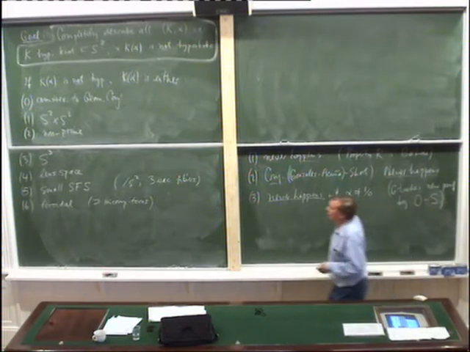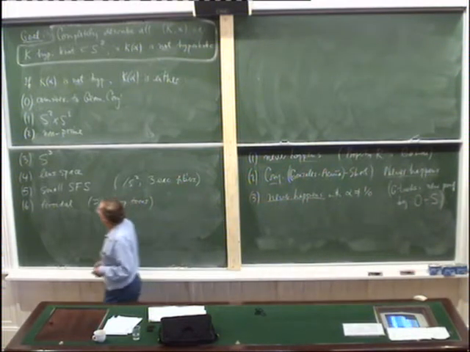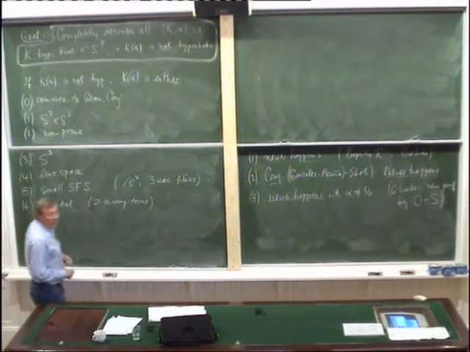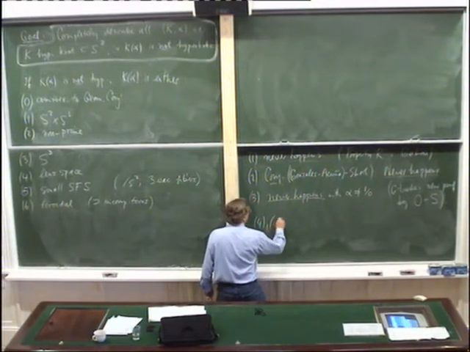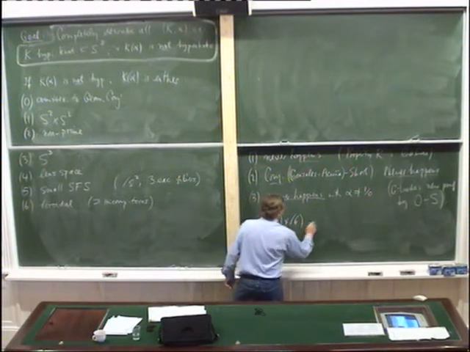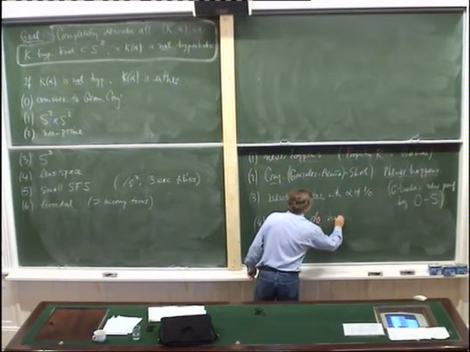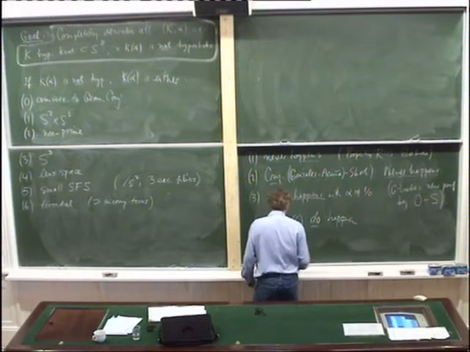So what's left? Well, there are lens spaces, small Seifert fibered spaces, or toroidal manifolds. And they do happen, in fact. So 4, 5, and 6 do happen.